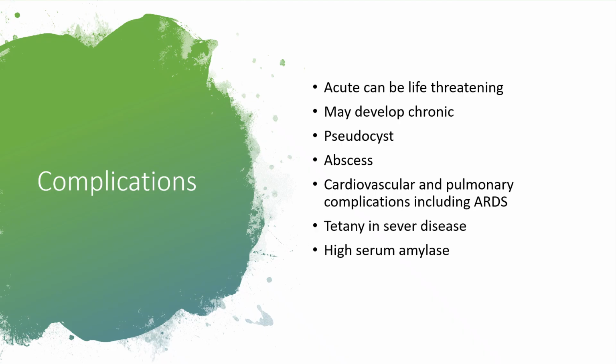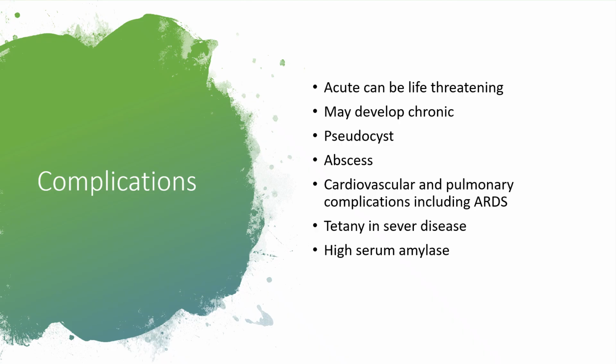Pancreatic pseudocysts, encapsulated collections of fluid, may develop both within the pancreas itself and in the abdominal cavity. They may impinge on other structures or may rupture, causing generalized peritonitis.